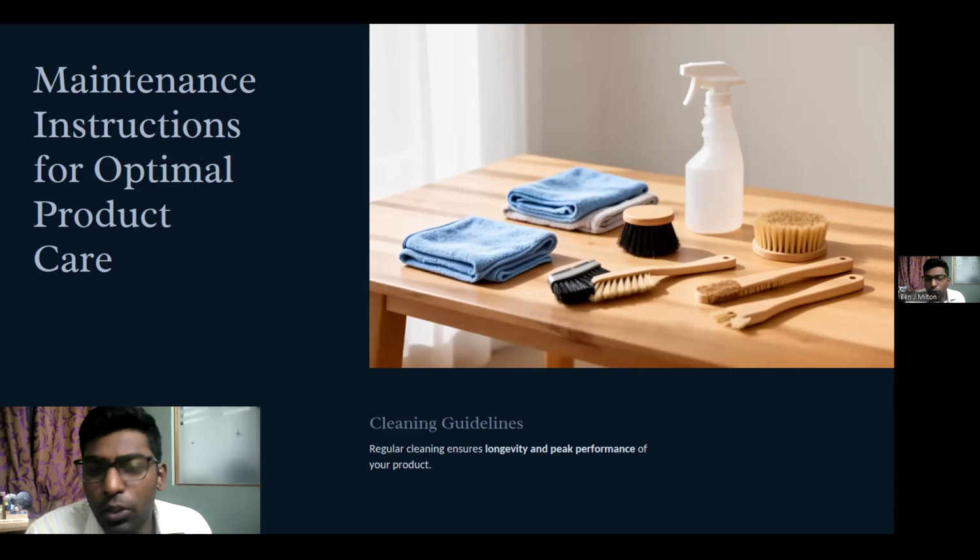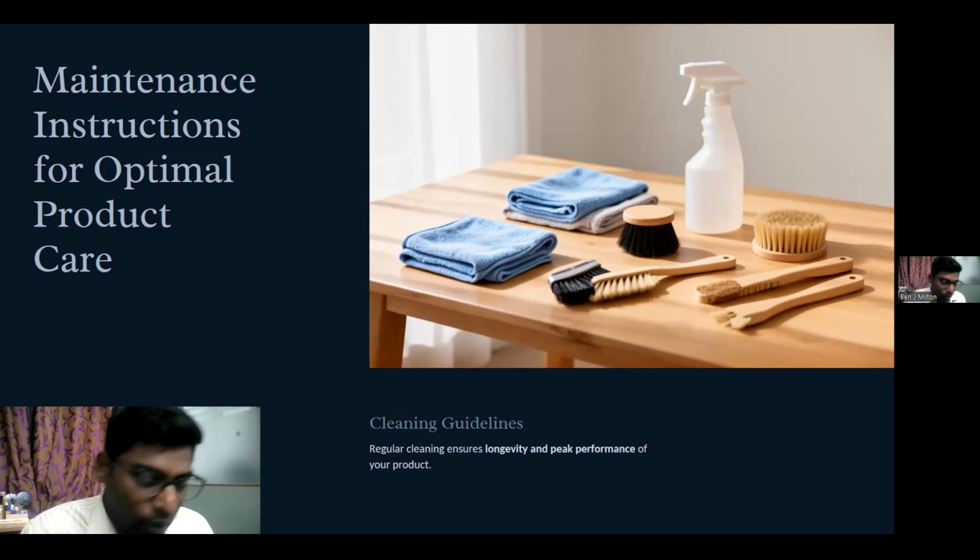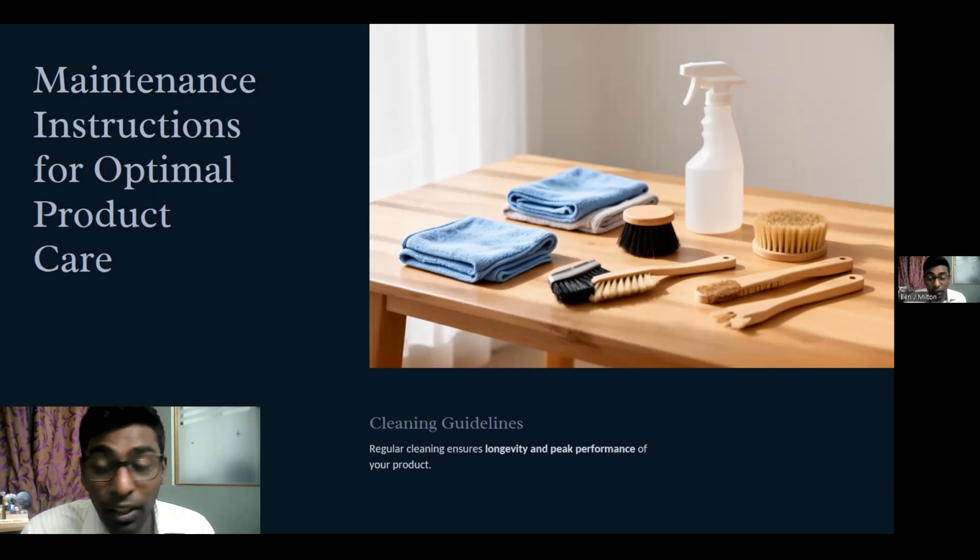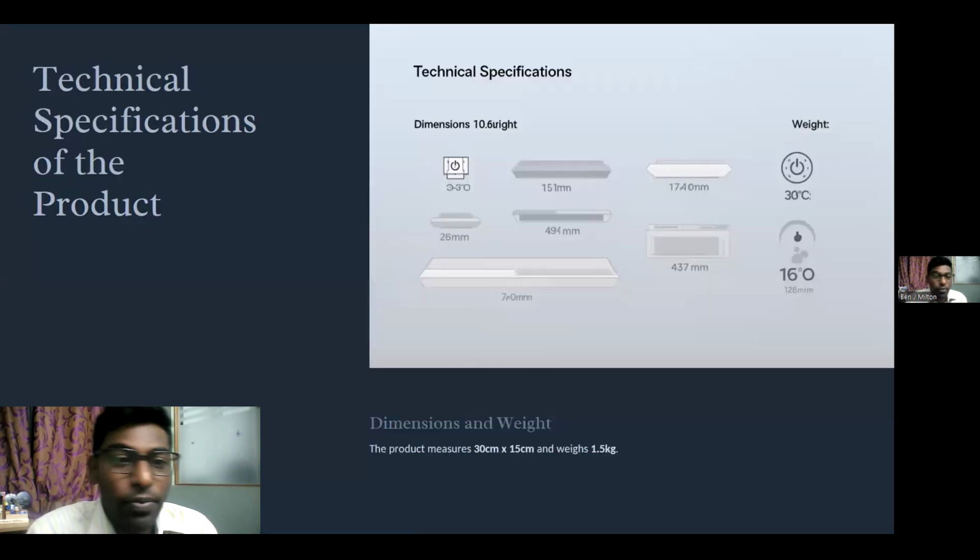I remember watching a video about a person who did not change their car's oil for 2 to 3 years, faced a lot of issues, and the engine wore down. That's what ends up happening when optimal care is not given to a product. In a similar way, we should look into our products to make sure there is longevity and that they work effectively and efficiently.